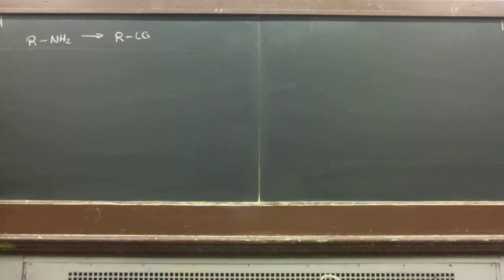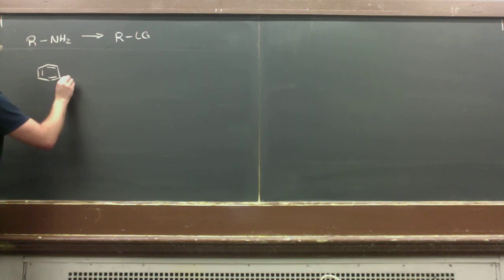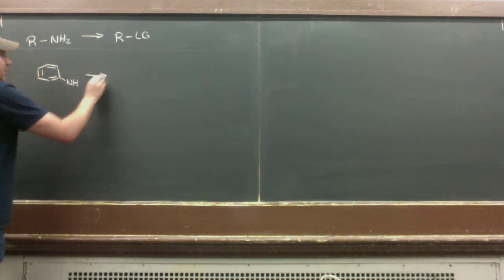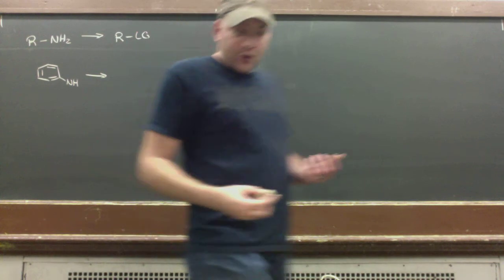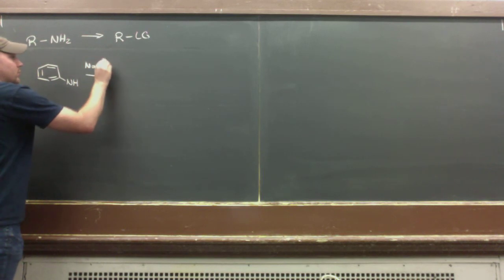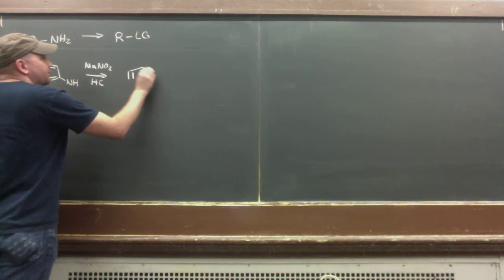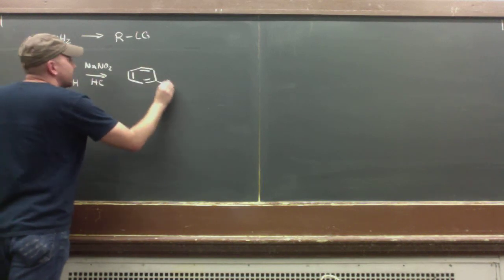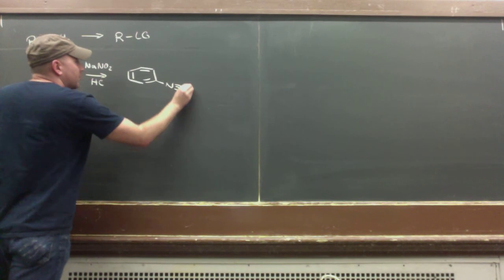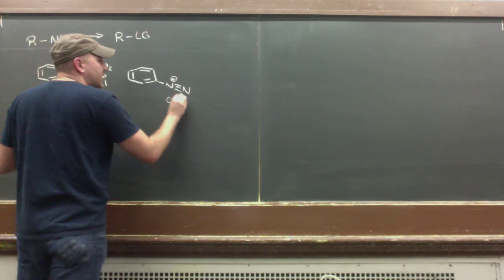One of the things we discussed last week, for example, is that if you take a molecule of aniline and treat it with NaNO2 and HCl, you're going to get a nitrogen leaving group. In this case, it's probably going to exist as a salt, like this.